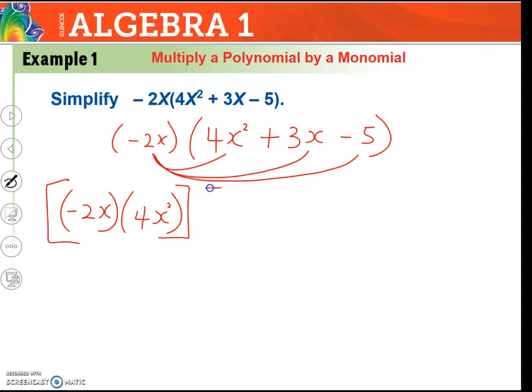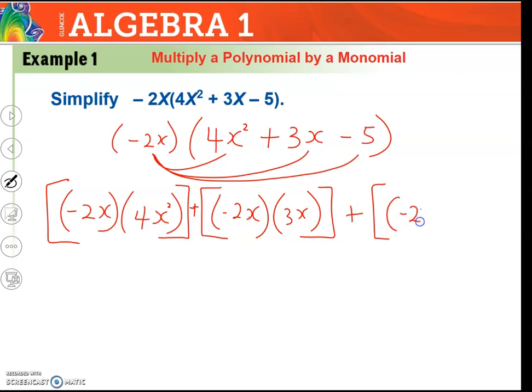Then the next one becomes negative 2x multiplying 3x. I also put that in a square bracket plus negative 2x multiplying negative 5, which makes it very easy.